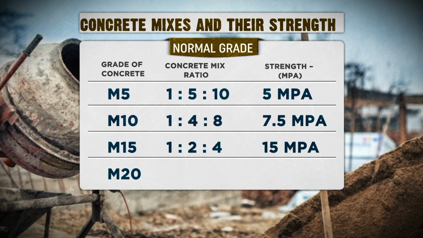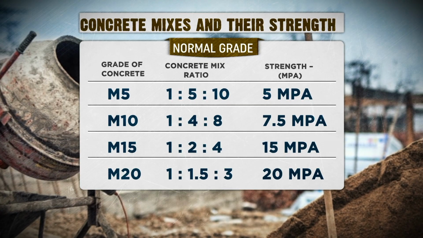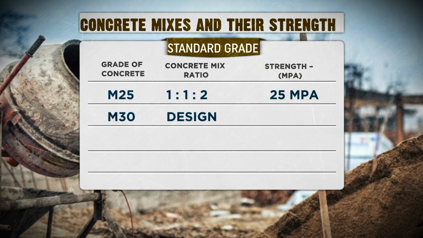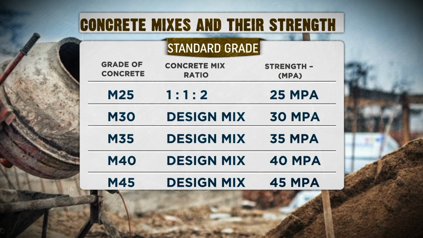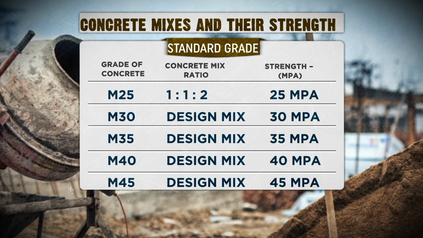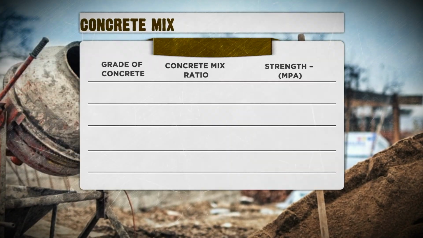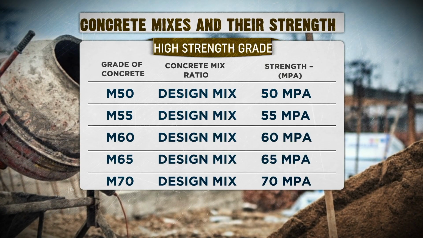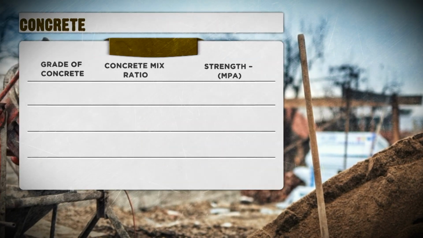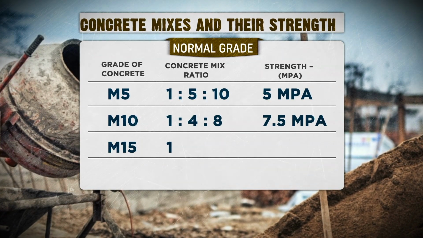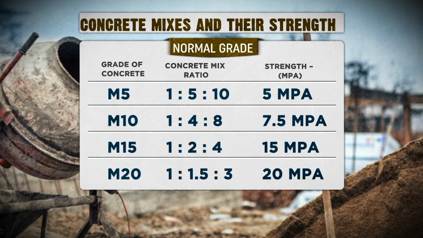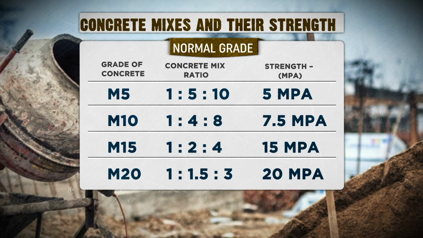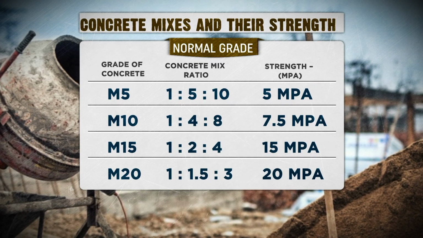When you say a mix, it is the ratios of cement, sand, and ballast. When you say class, it is the amount of strength it acquires after 28 days. So for example, when we say mix 10, it is the ratio of 1 to 4 to 8, whereby 1 is cement, 4 is sand, and 8 is ballast.